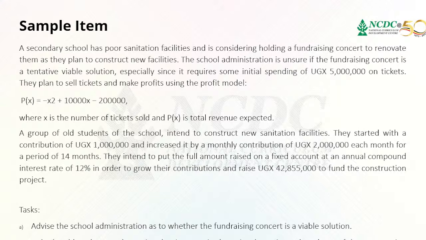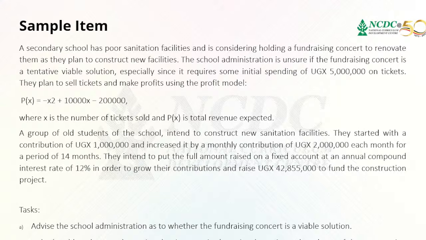A group of all the students of the school intended to construct new sanitation facilities. They started with a contribution of 1 million shillings and increased it by a monthly contribution of 2 million each month for a period of 14 months.